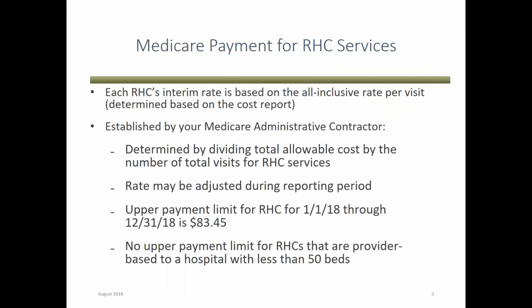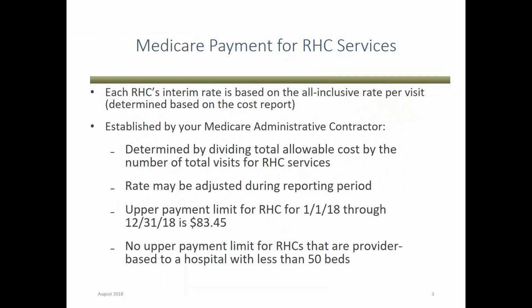Each RHC has an interim rate. If you are an individual RHC, you will be receiving a capped rate. This all-inclusive rate per visit is based on the cost report, and each year, that rate will change.